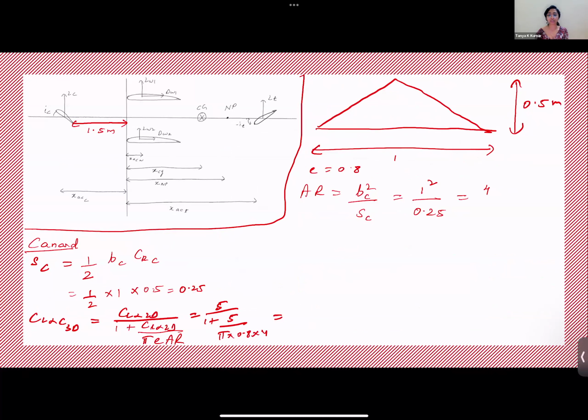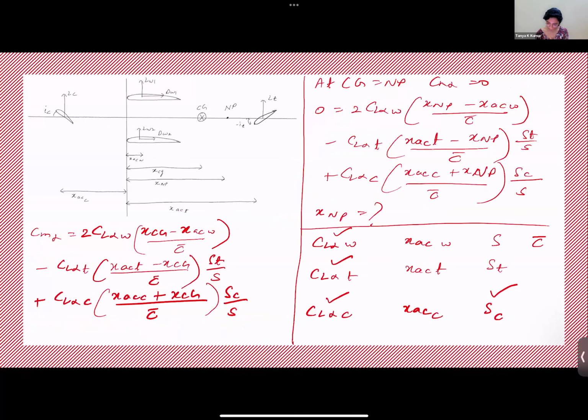What is this value, CL alpha 3D? Just calculate and tell me. 3.34. So we have found out this.